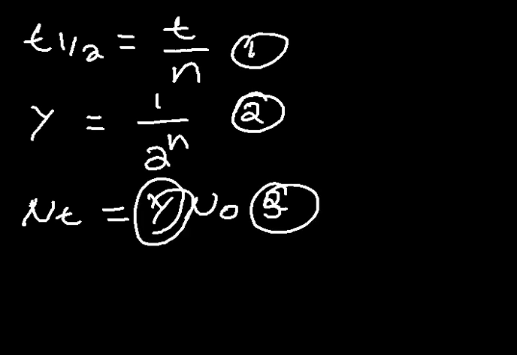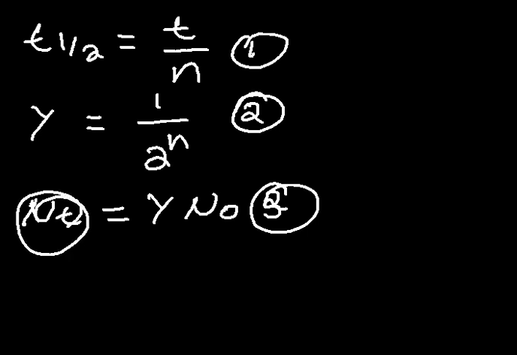If we have the fraction remaining and the initial amount, you can get the final amount using this formula. Likewise, if we have the final amount and the initial amount, we can get the fraction remaining using the same formula. So keep that in mind.